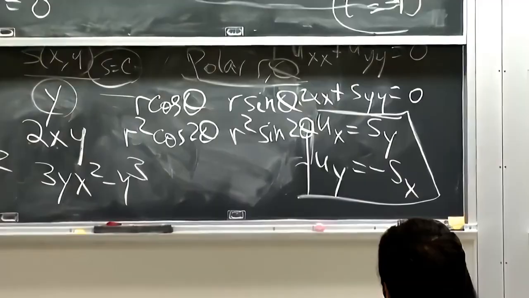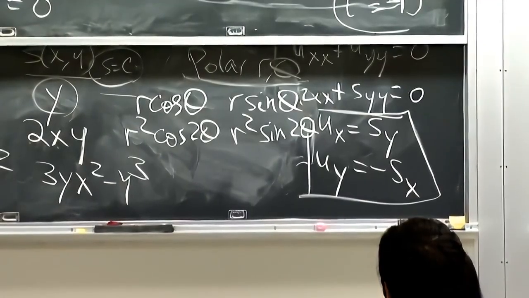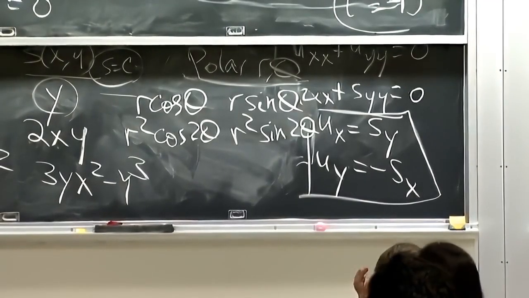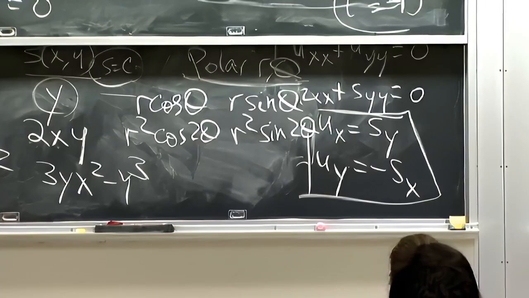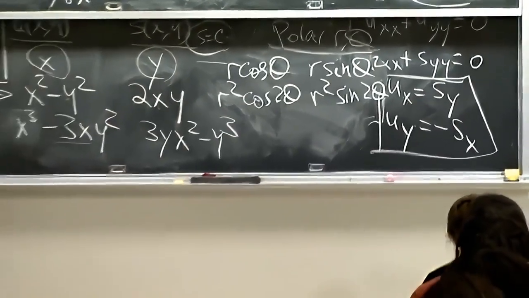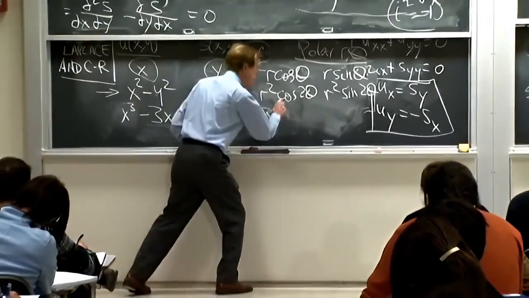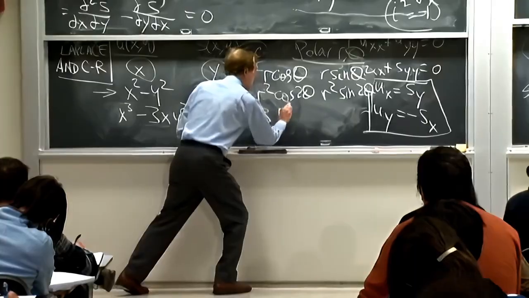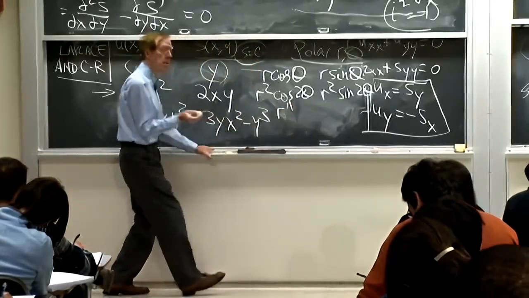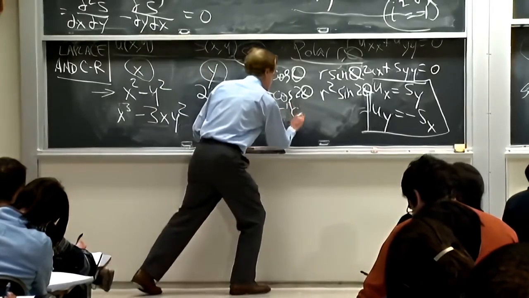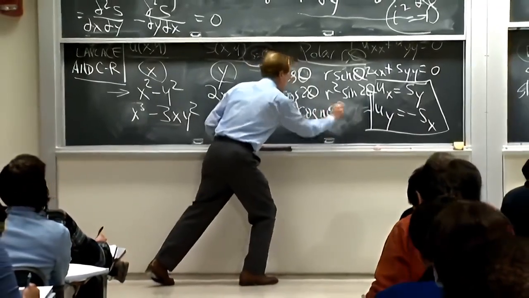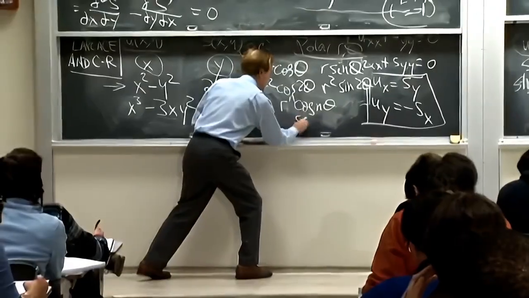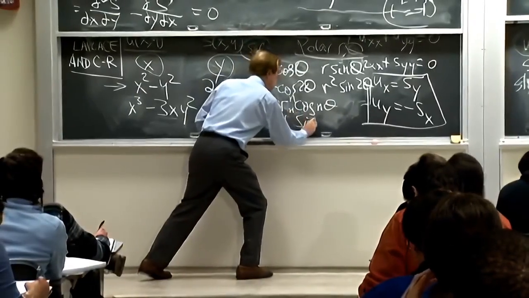And you know what's coming next, right? You know that now the whole family in polar coordinates, what's the nth power? We can now write down the nth one in this list. It is r to the nth times cos n theta, and r to the nth sine n theta.